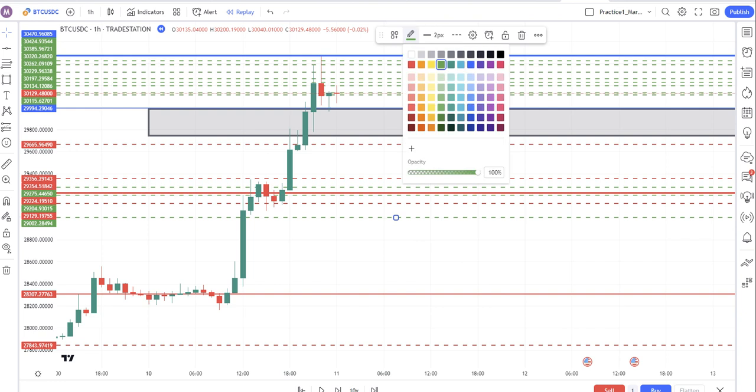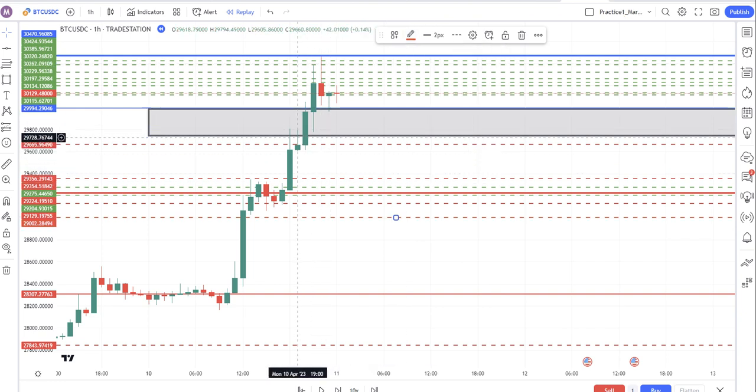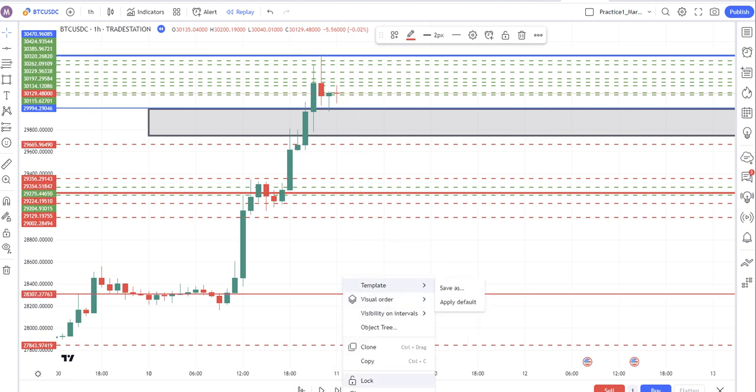For me, if the price goes below the lower boundary of this box, I'm here to sell. If the price goes above, I am in the trade to buy, and I'm going to stop at the upper limit, and here I'm going to stop at the bottom limit. This is all I cared about.